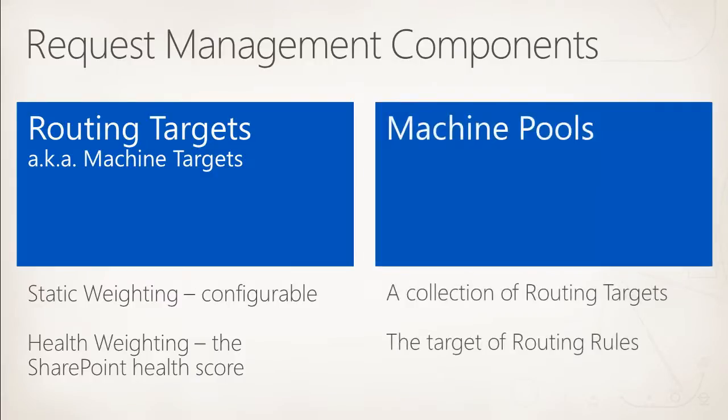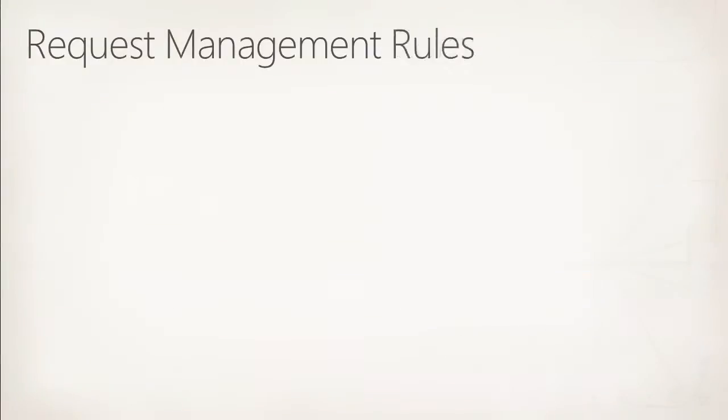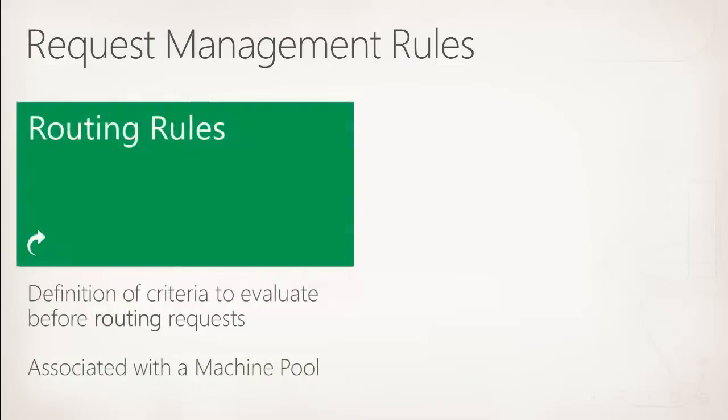Then we have machine pools, which is a collection of routing targets. And this is the target of routing rules. So our routing rules don't point to an individual server, they point to machine pools. Then we have our rules. So there's two types of rules. There's a routing rule. This is basically the definition of a criteria to evaluate before sending requests onto the machine pool.